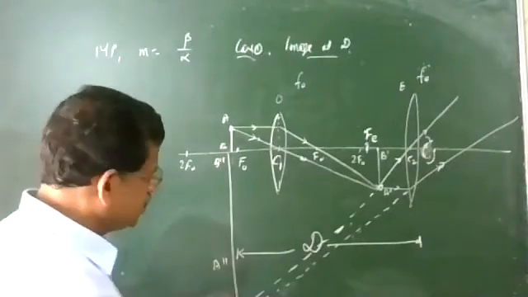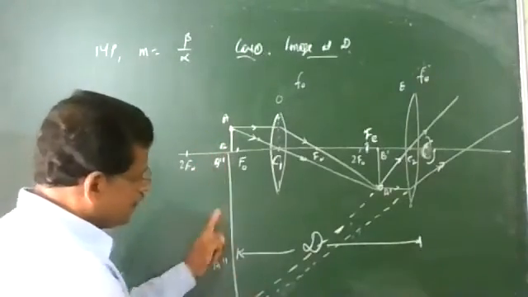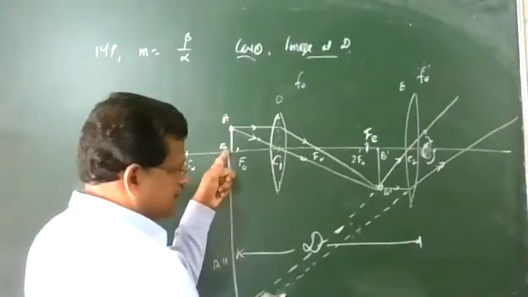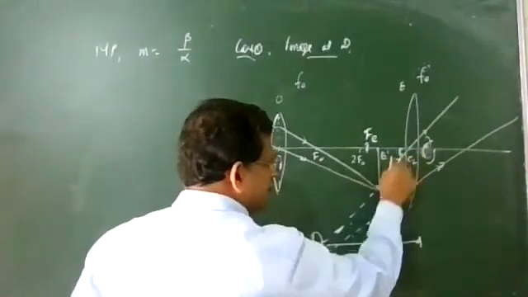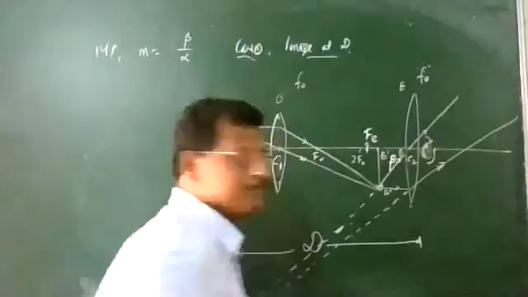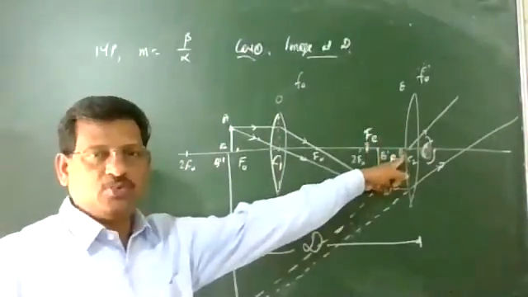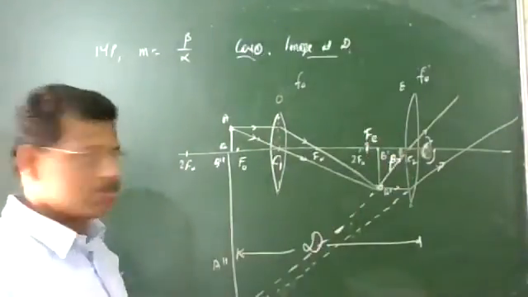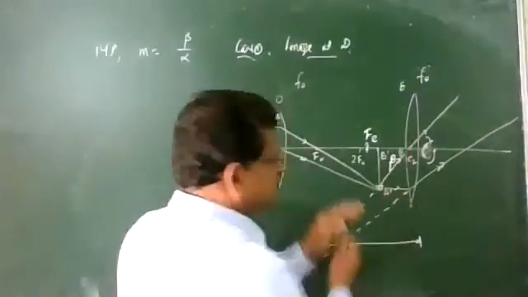You can see the image is already there at the least distance of distinct vision, and the angle it makes here is coming down. So at this point, I am marking the angle beta. This is the angle beta. Angle beta is in the triangle C2, A double dash, and beta. So the big triangle is forming.